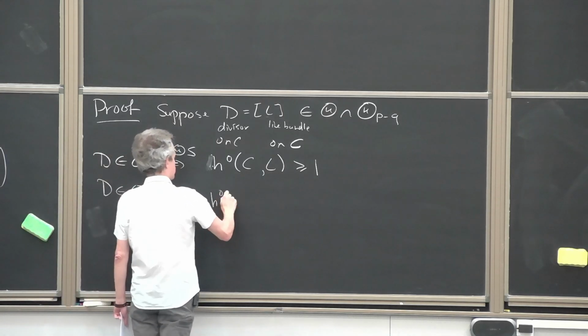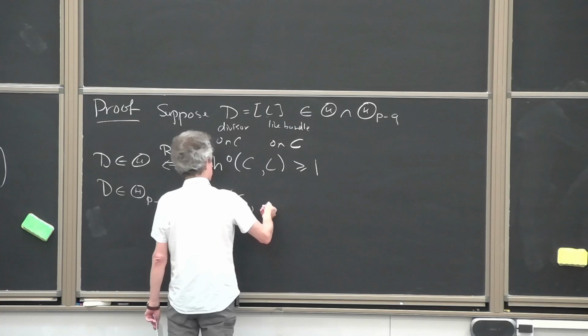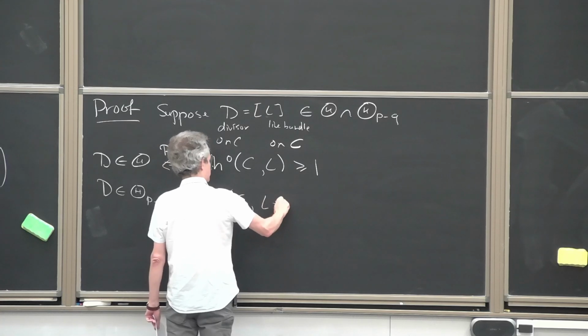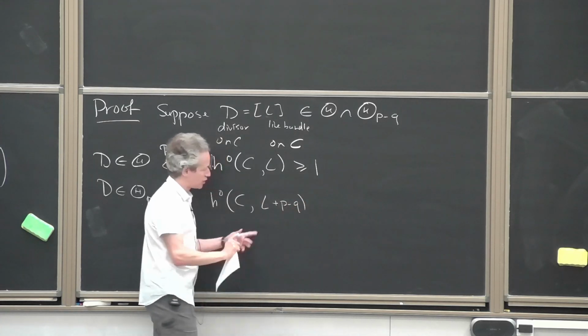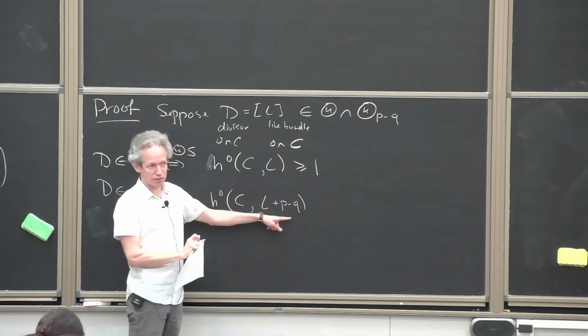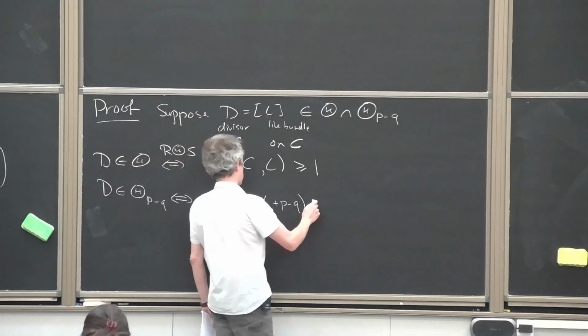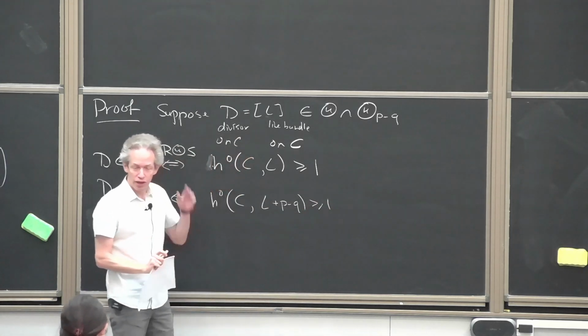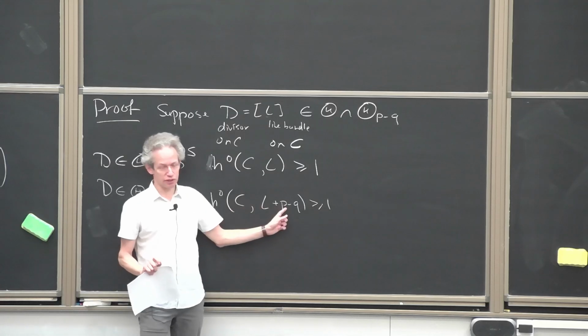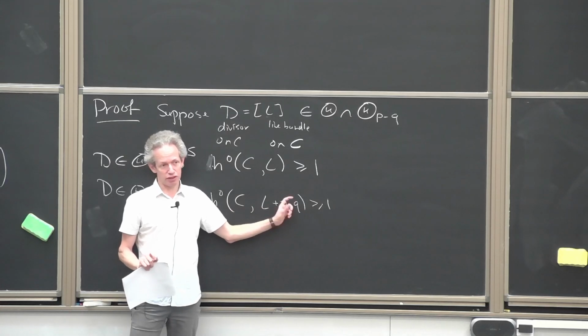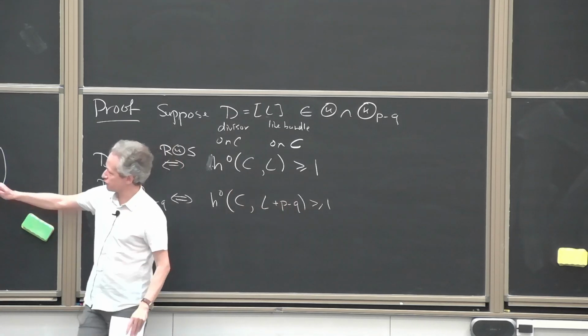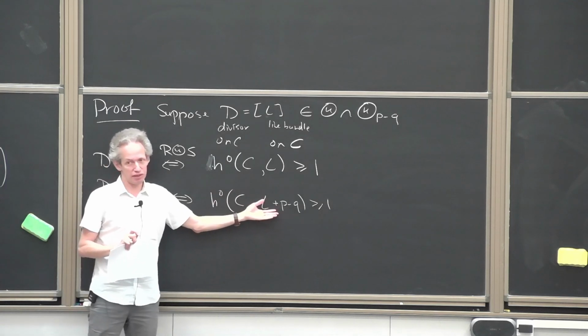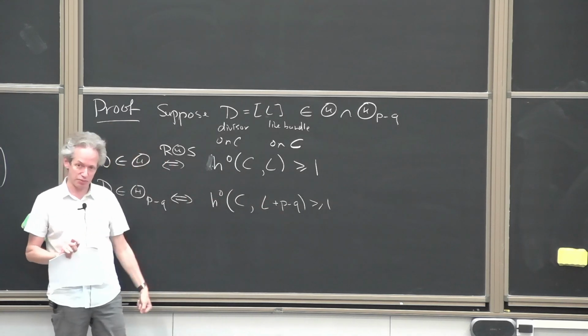This means that H^0(C, L plus P minus Q), now I'm mixing notation, right, is also at least 1. I'm being very sloppy about whether this is P minus Q or Q minus P, but my convention is that this means that. So maybe I'm really translating by Q minus P, I don't know.